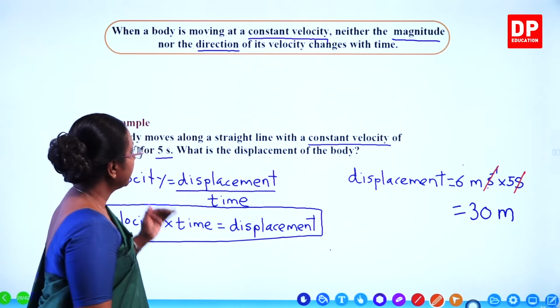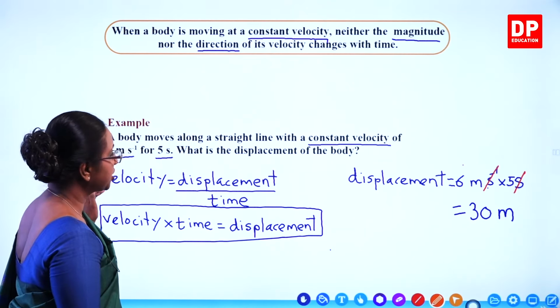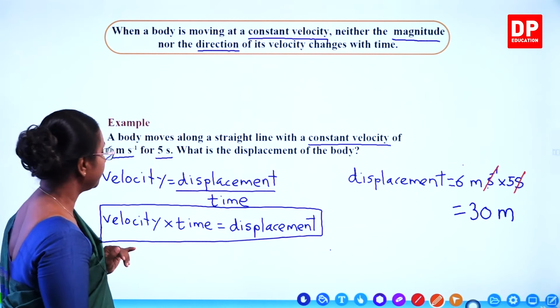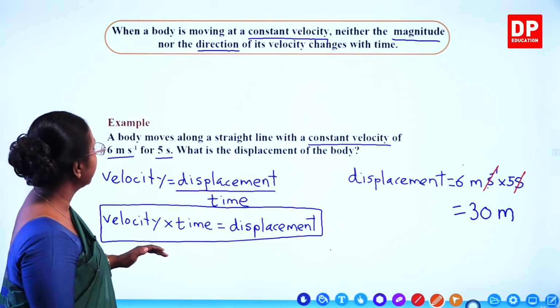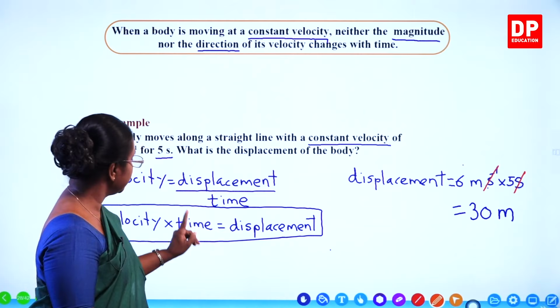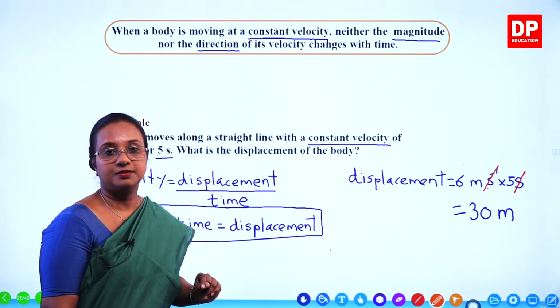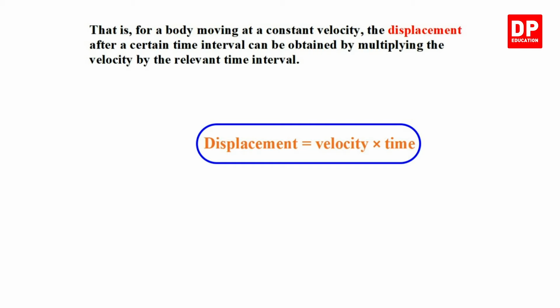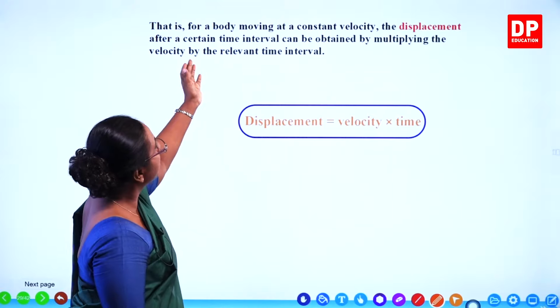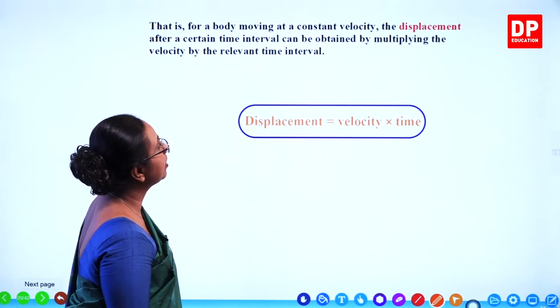So as you all can see, for an object moving with a constant velocity, when you multiply velocity by time, you will end up with displacement. So that is for a body moving at a constant velocity.